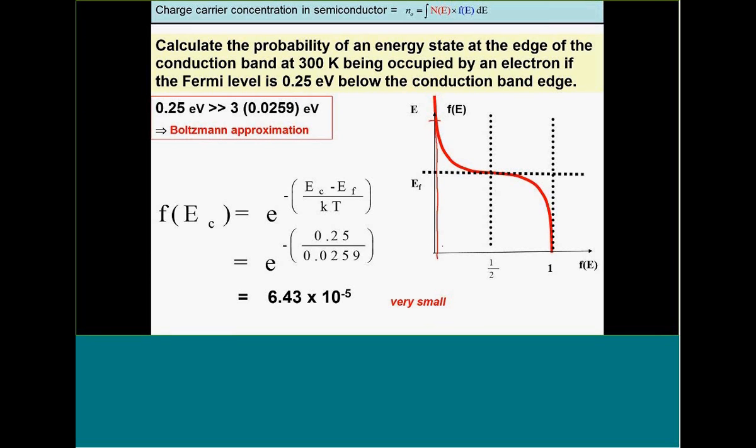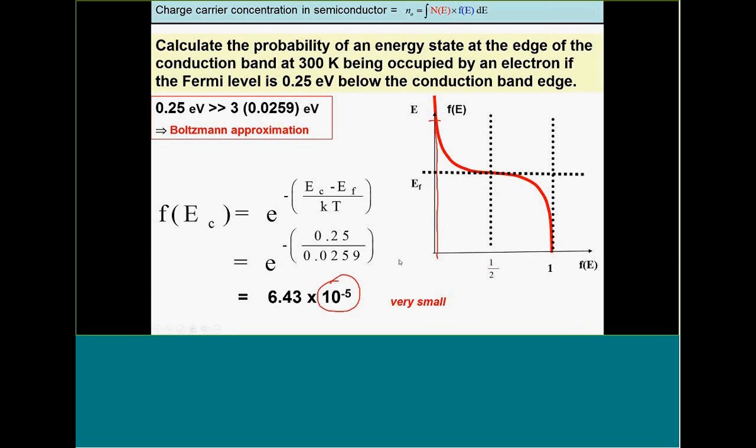Okay. It's a very small value, yeah, 10 to the power of -5. Recall just now that our density of states is very large, but our probability is very small.